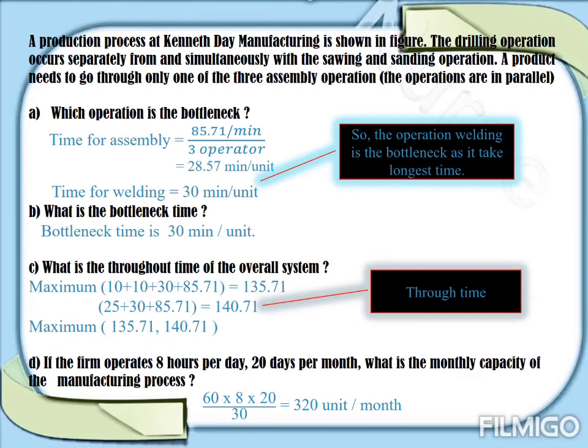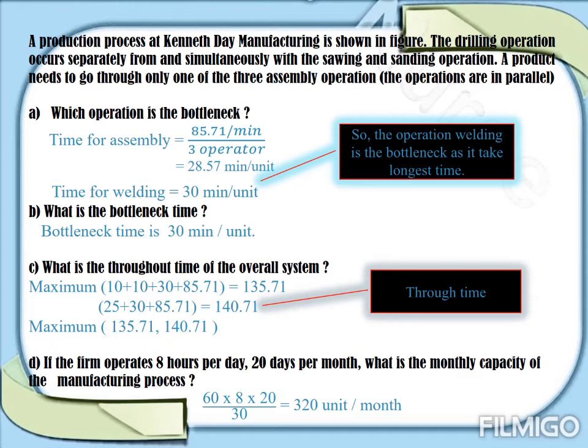Which operation is the bottleneck? As we know, the bottleneck is the slowest operation, and at the same time the one with the highest time consumption that we find from the figure.